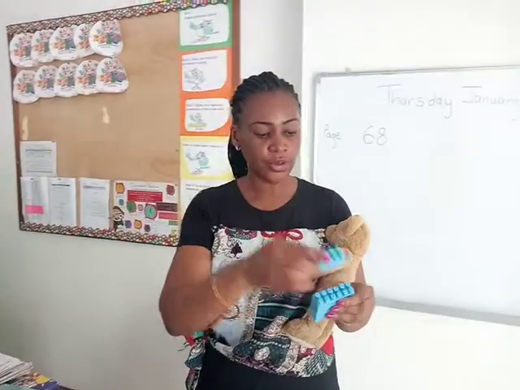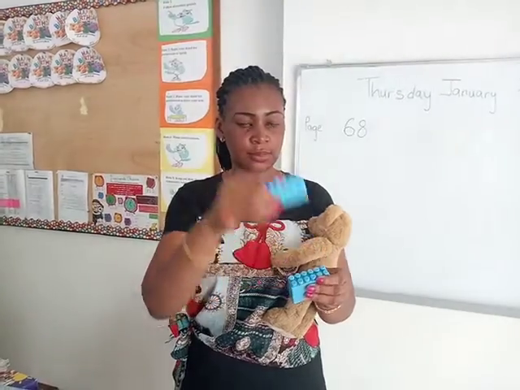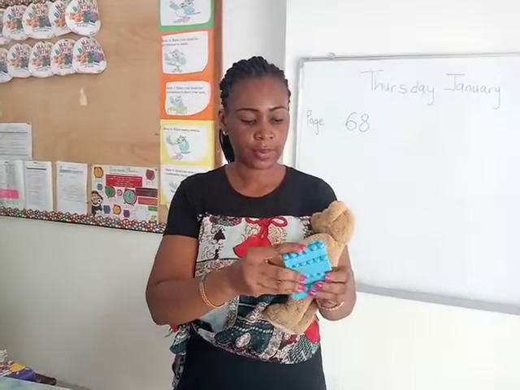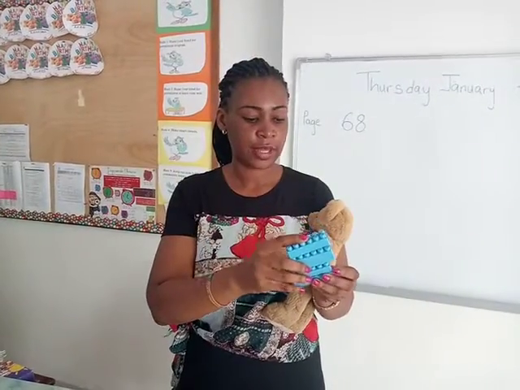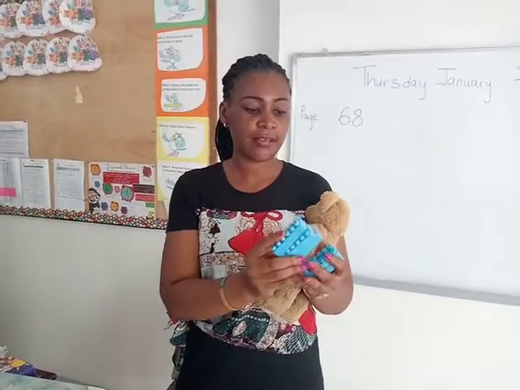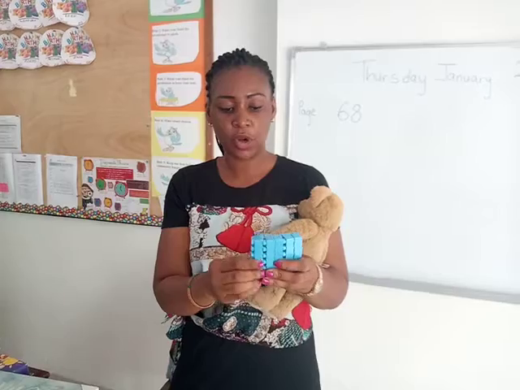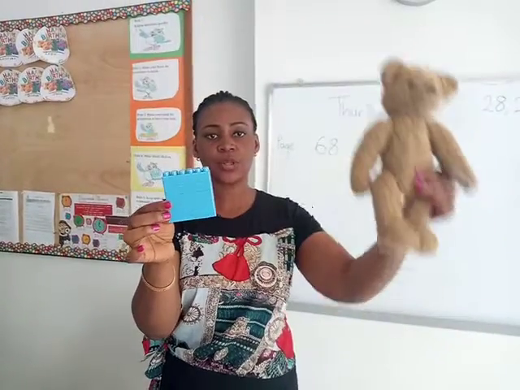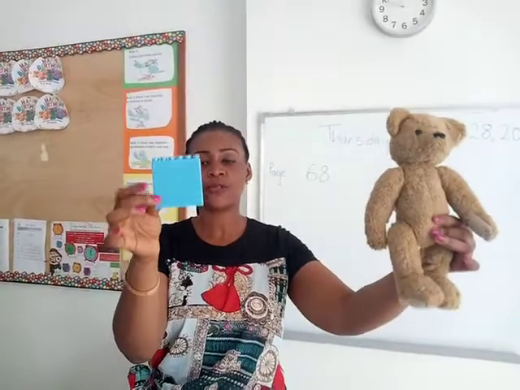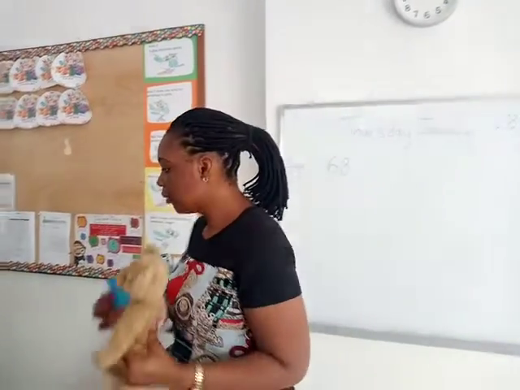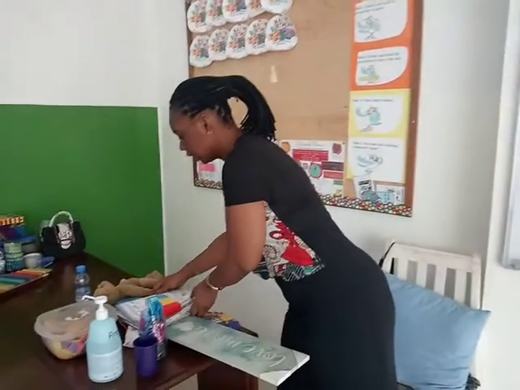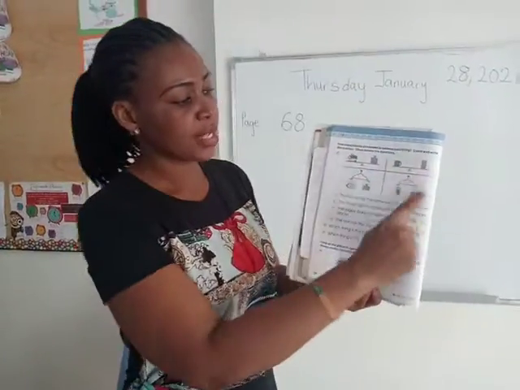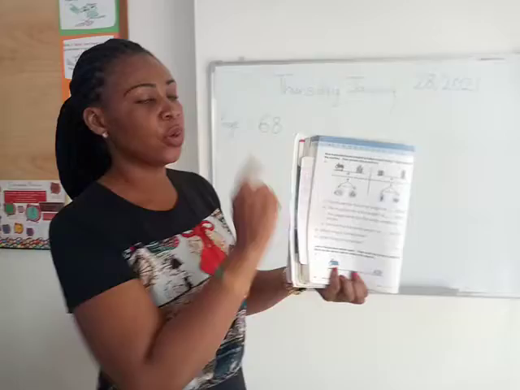So here you go. 1, 2, 3, 4, and 5. So we have 5 blocks, which equals the doll. Okay, so this doll is equal to 5 blocks. Now we're going to use the information in this space to answer the questions below.